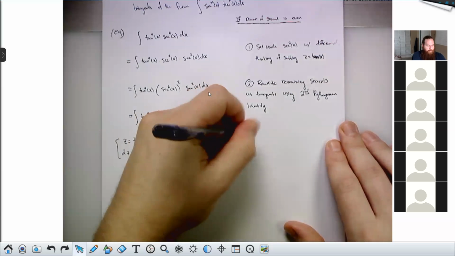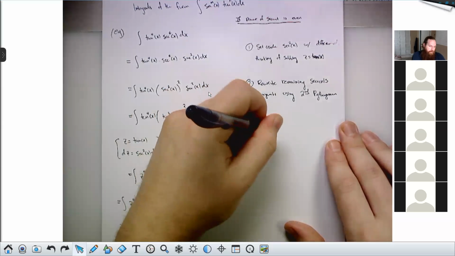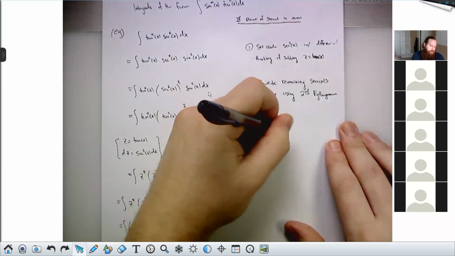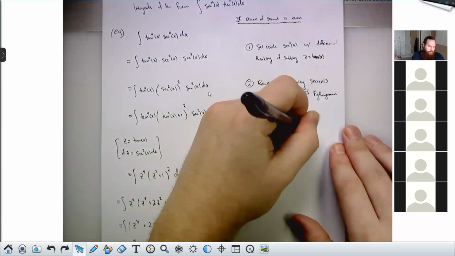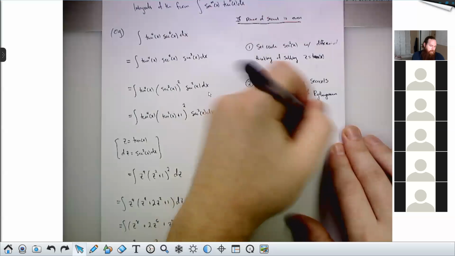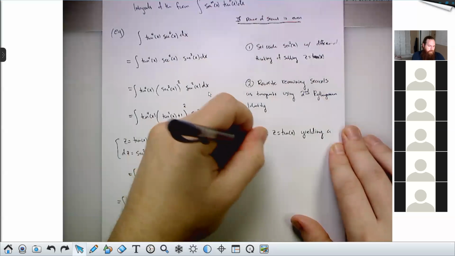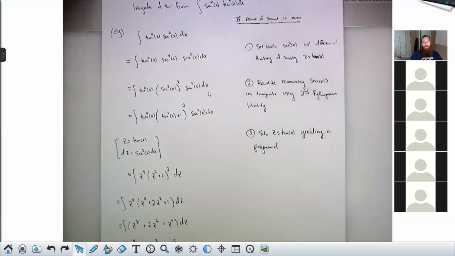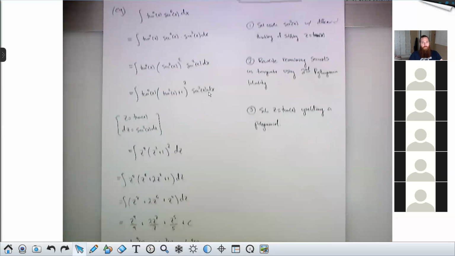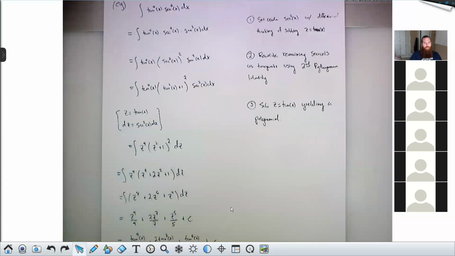And then you go ahead and sub for tangent, which will yield a polynomial. And once you've got a polynomial, we're scot-free, because we know how to integrate all polynomials. So not too bad, right?